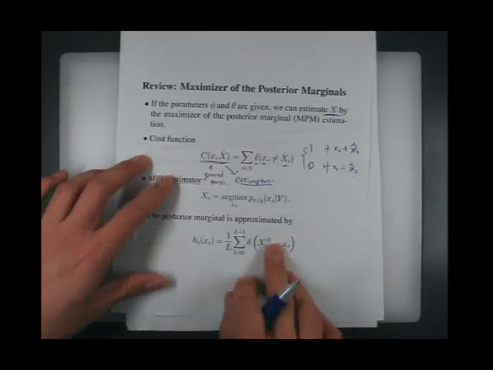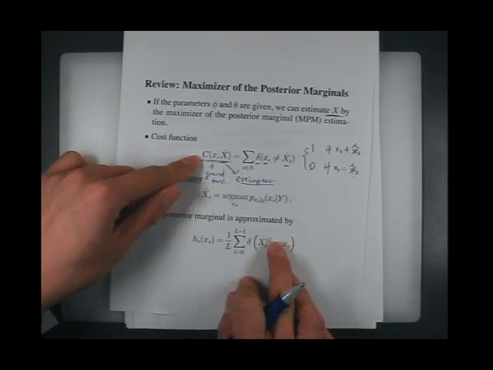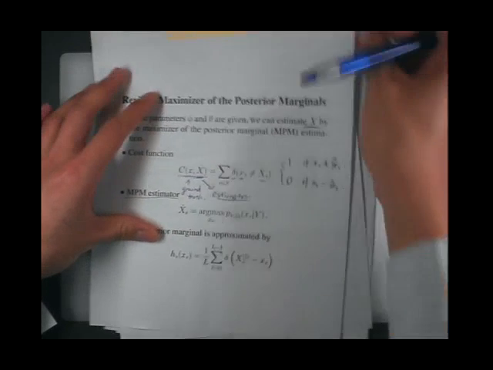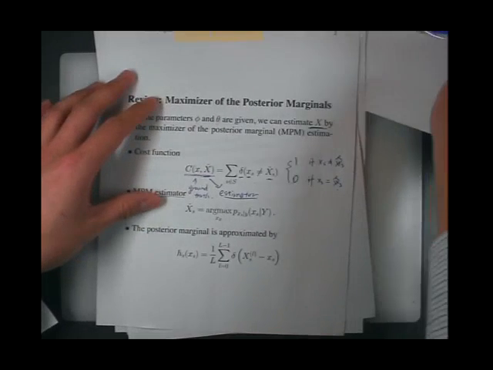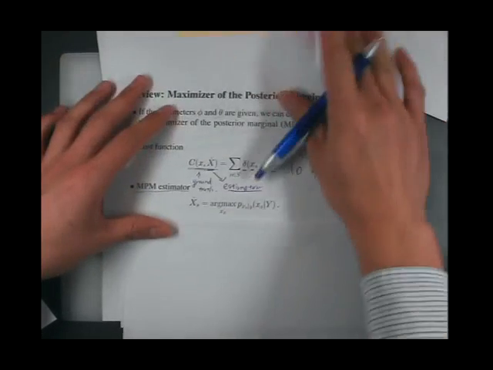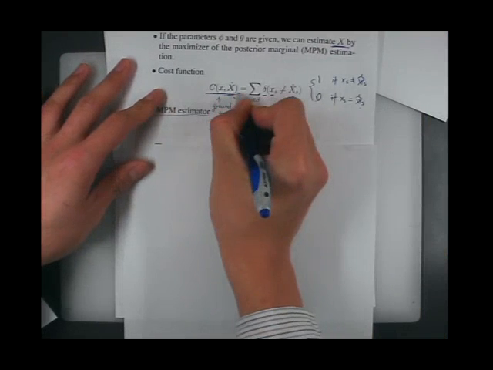Then I'll show you how to get this estimator from this cost function very quickly. Last time I showed how to get the MAP estimation from another cost function, but from this cost function, I'll show you very quickly. What we are trying to minimize is the expectation of this cost function.